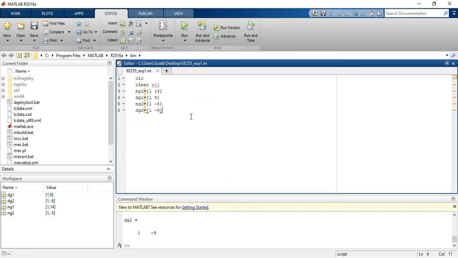Now I want the series connection of G1 and G2. The command for this is series. What is the syntax of the series command?